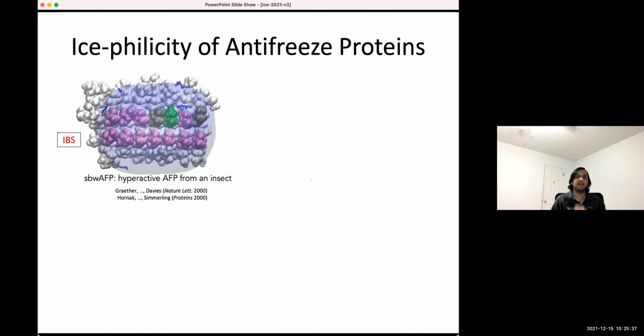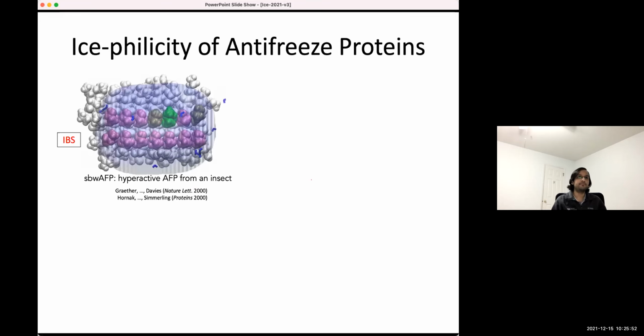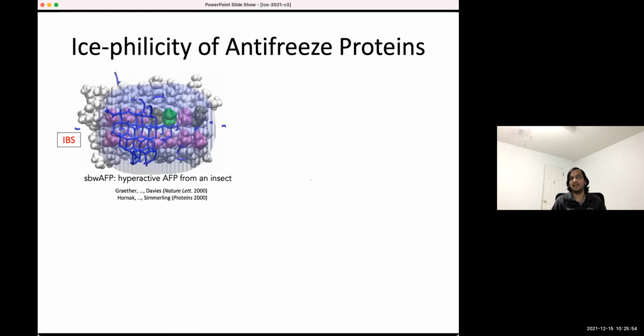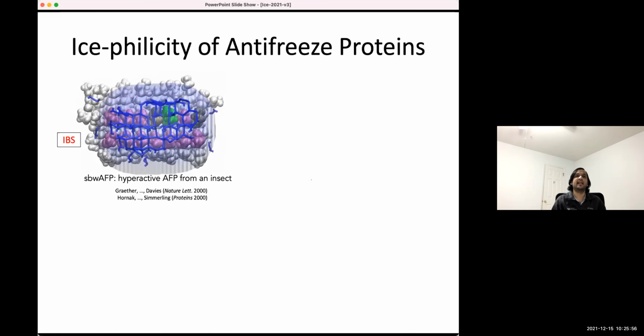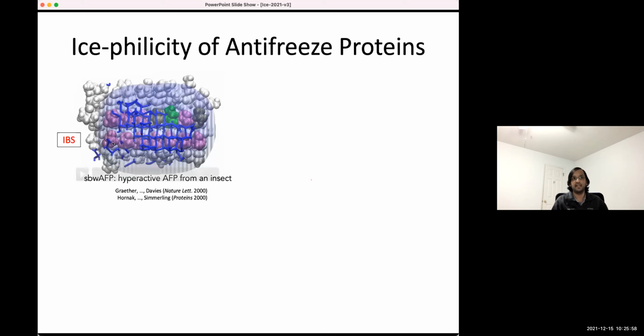And so that's exactly what we did. We took an AFP called SBW AFP, for whom the ice binding site is known. We imagine that this ice binding site, which has been determined experimentally through mutagenesis experiments, should be ice-philic. We can run our kind of calculations and characterize the free energetic cost for nucleating ice here.